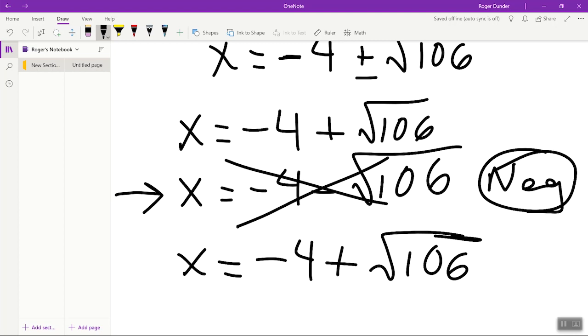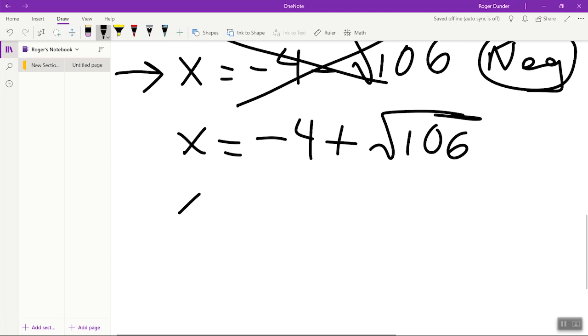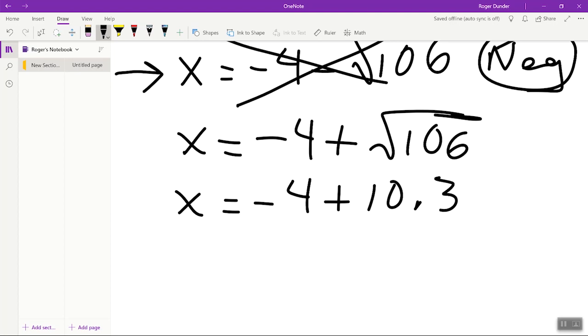And if we subtract 4 from that, we get 6.3. So in this case, x will be equal to minus 4 plus 10.3. And that gives us, again as an approximation, 6.3.